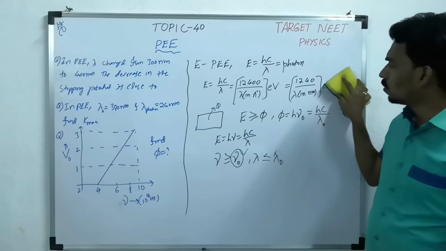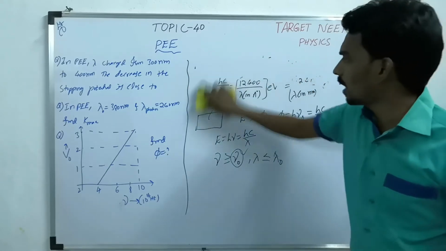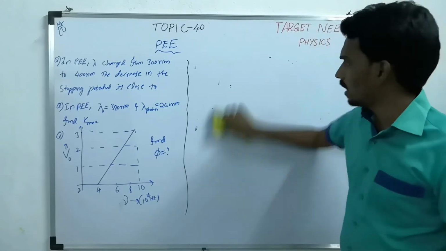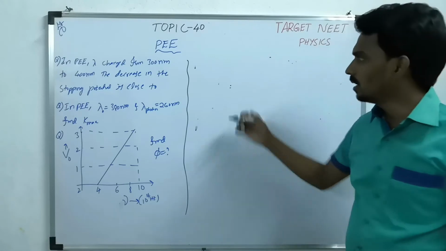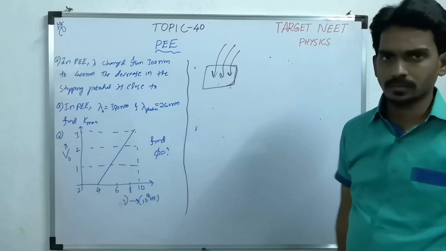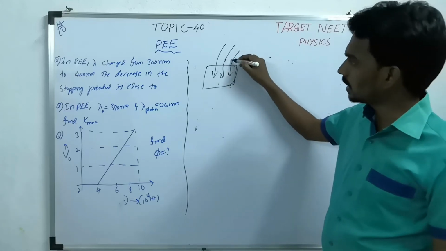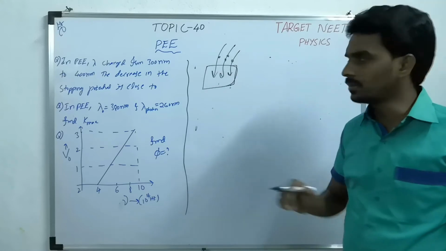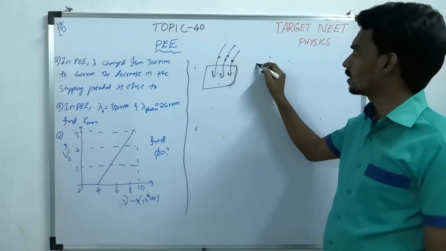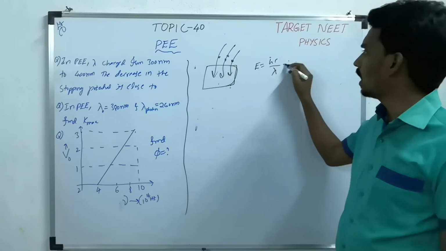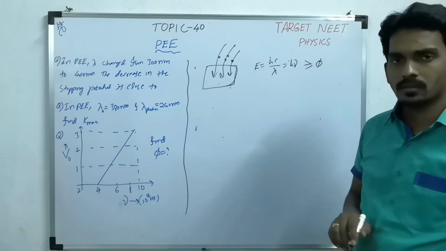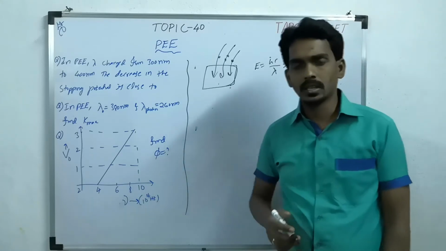Finally, Einstein's photoelectric equation says that when a photon of energy h nu falls on a metal surface, the radiation is considered as a sum of energy packets, and one electron can take the energy of one photon, that is hc by lambda or h nu. If this is greater than or equal to the work function, then electron emission takes place.